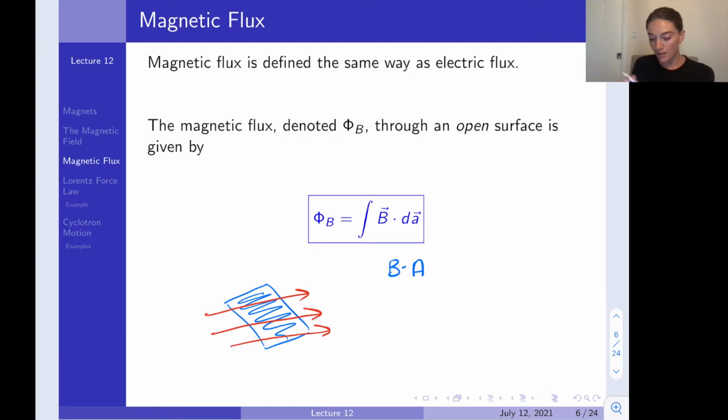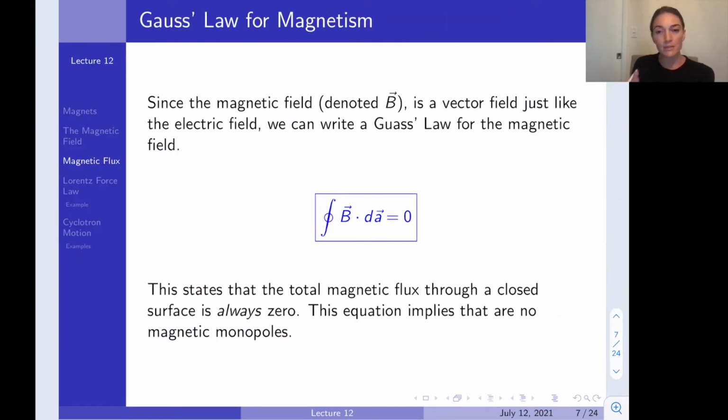So now, to get more into the physics, since the magnetic field is a vector field, we can write a Gauss's law for the magnetic field just like we did for the electric field. However, there's a slight difference. So remember, for the electric field, Gauss's law was like this, where the flux of some electric field through a closed surface was equal to the enclosed charge in that surface, right?